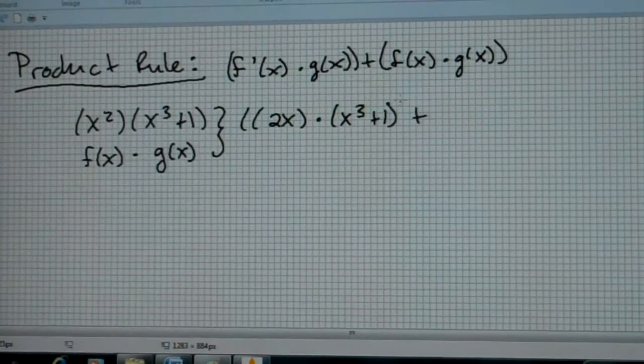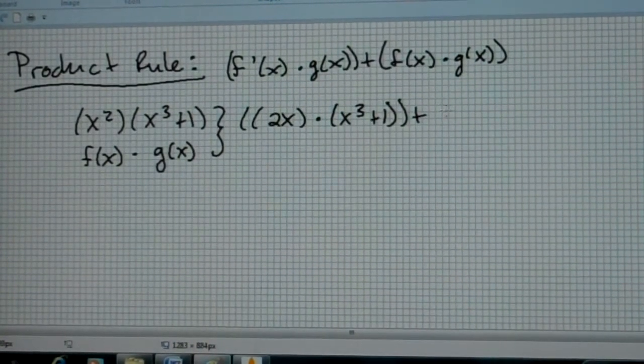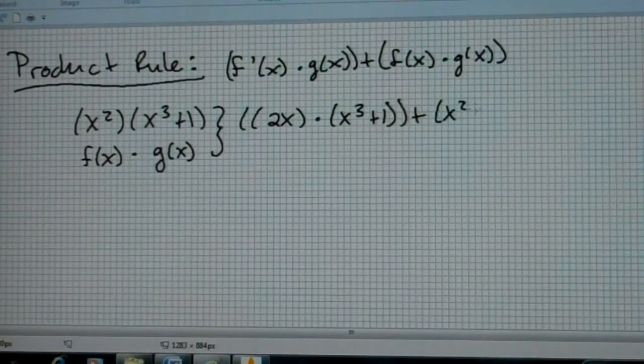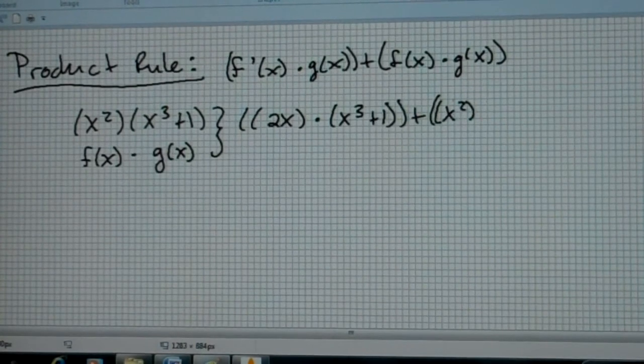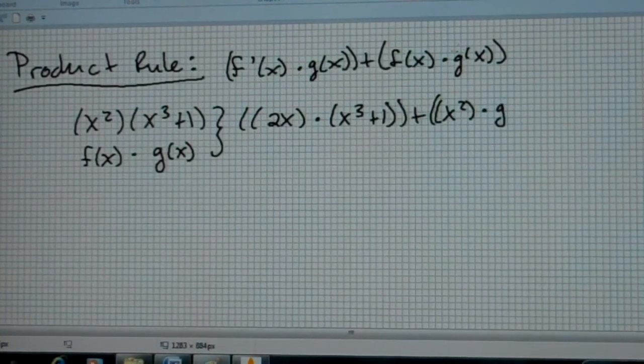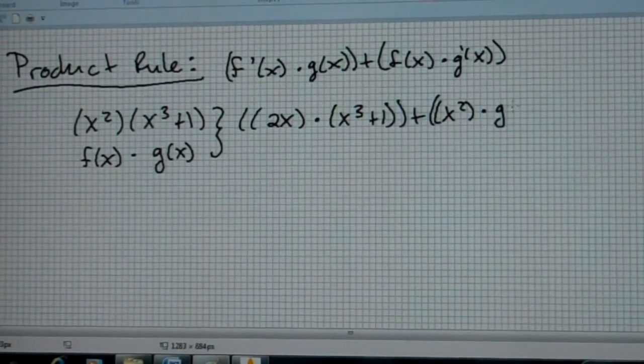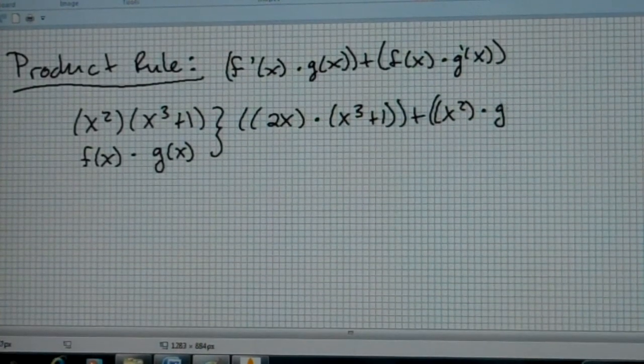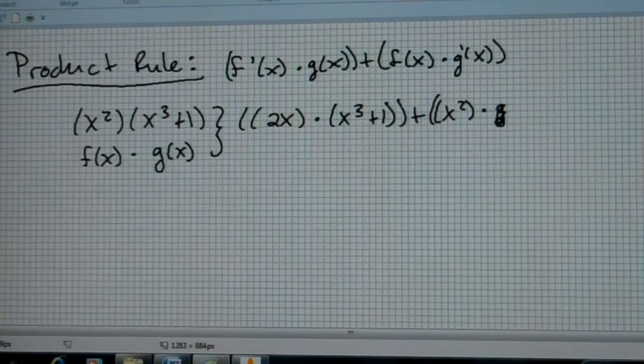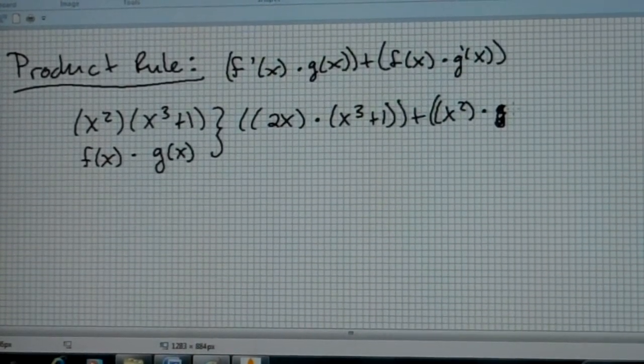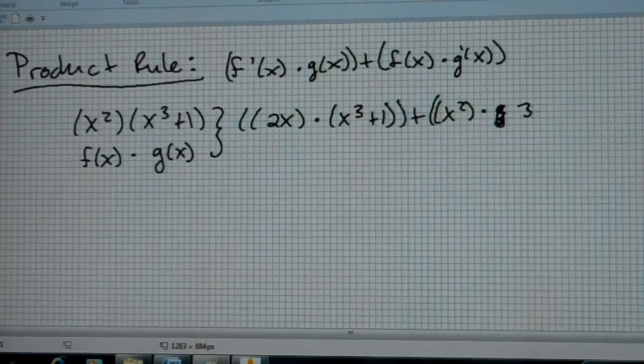And then we will be adding it to f of x, x squared, times, oops, it's supposed to be g prime of x. Oh wait, cross that out, times 3x squared.